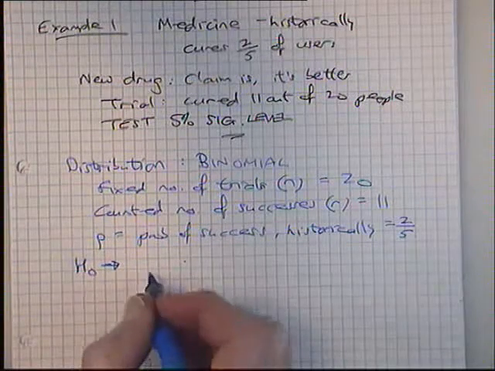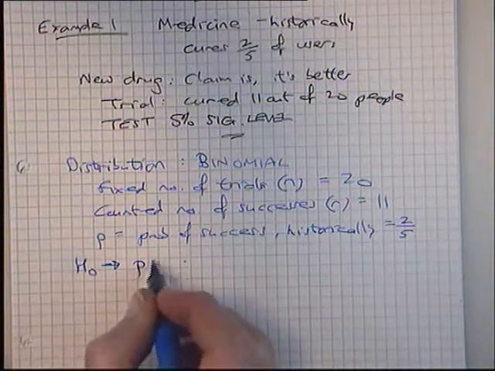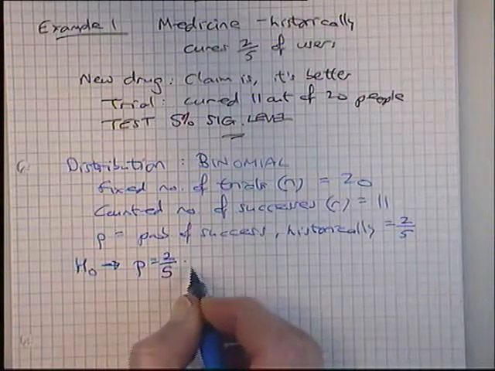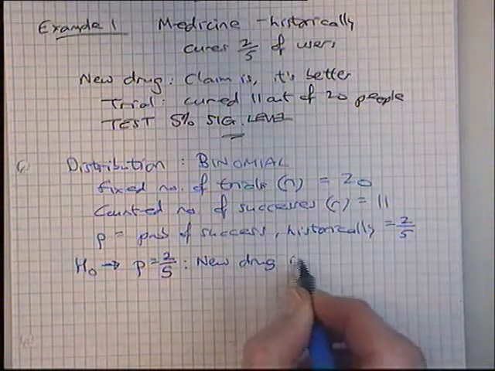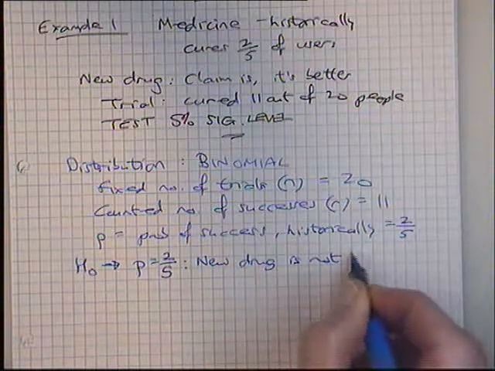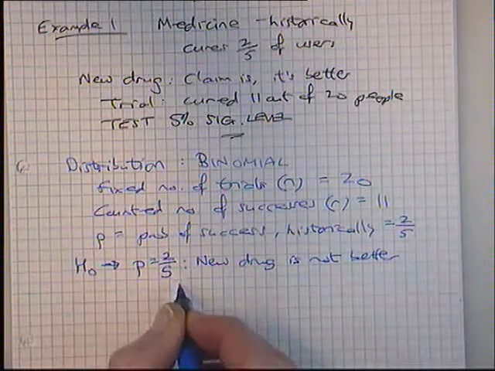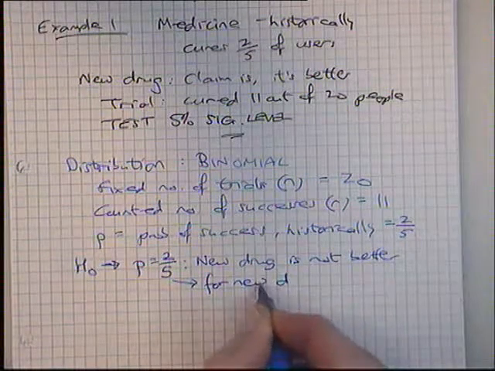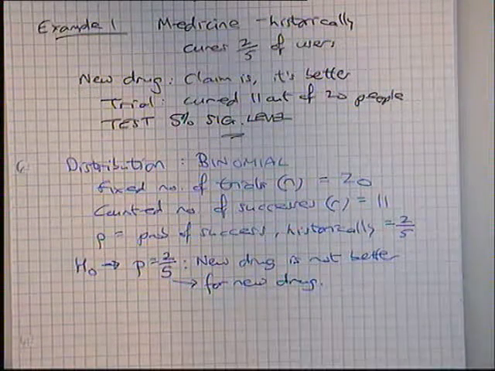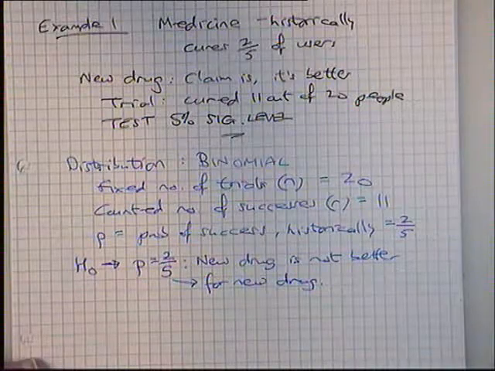Nothing has changed. So we will say that P is still 2/5, that the new drug is not any better. P equals 2/5 for the new drug, i.e. the new drug is not any better than the old drug.